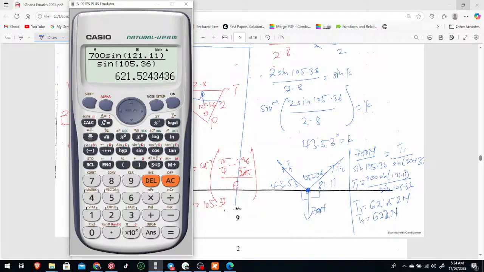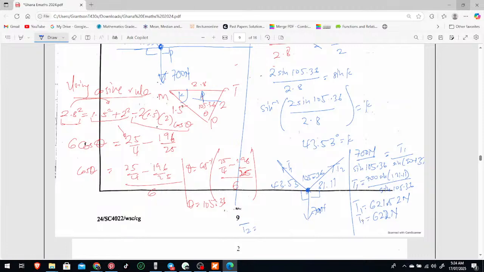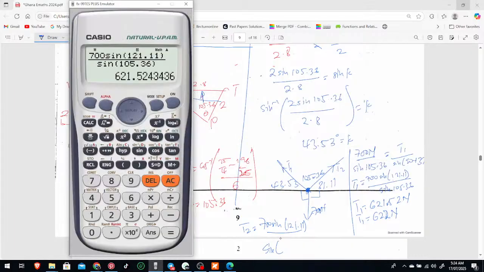Then what else? T2 is going to be the same preamble: 700 sine 121.11 over T2 sine of what? What's the angle opposite T2? Sine 90 plus 43.53, which is 133.53.